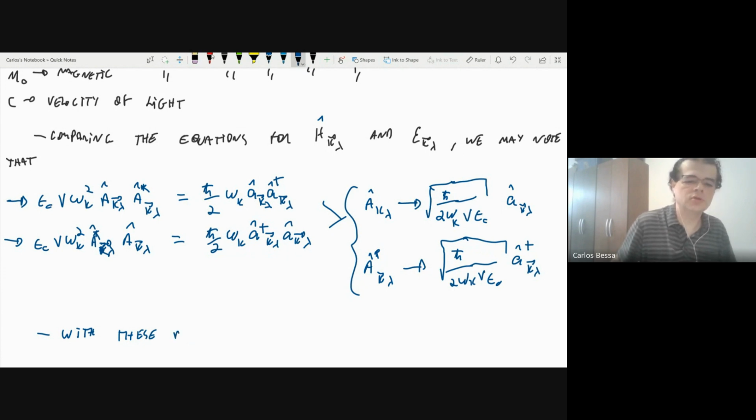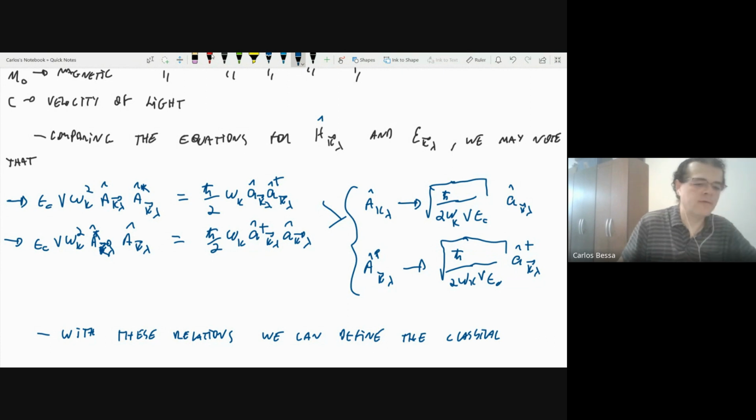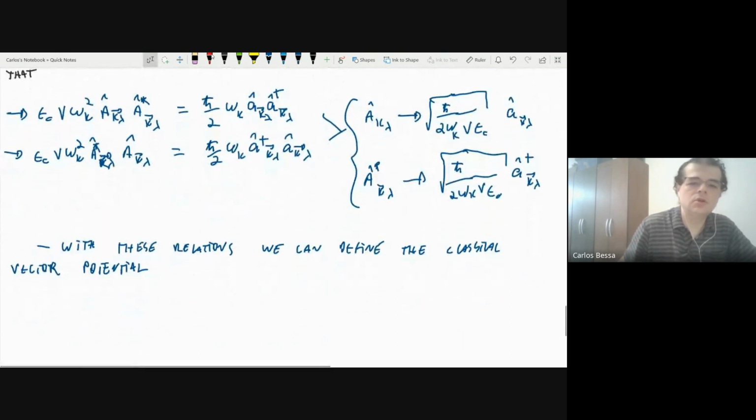With these relations, we can define the classical vector potential in terms of a k lambda and a dagger k.